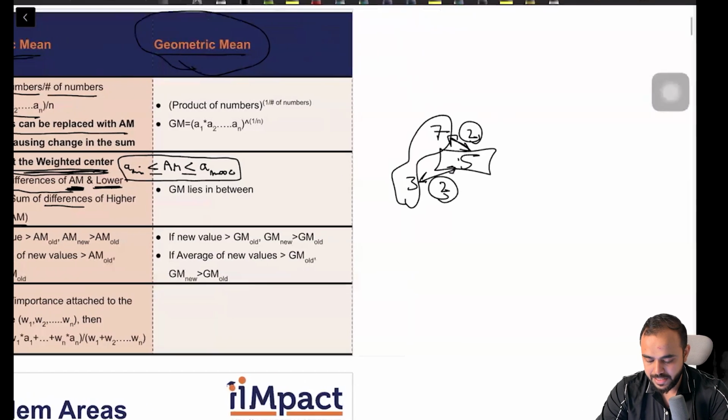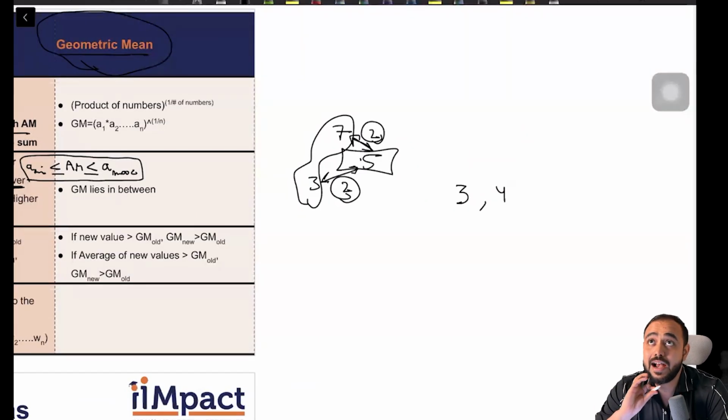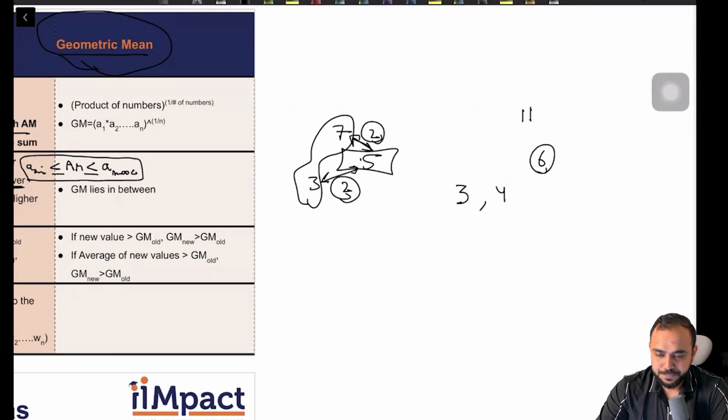However, let's say I take three numbers. I take 3, 4, and let us take something which will give us an integer arithmetic mean. Let's say the third number that I take is 11. So if I calculate the arithmetic mean now, I will get 11 plus 3 plus 4, which is 18, by 3, that is 6.